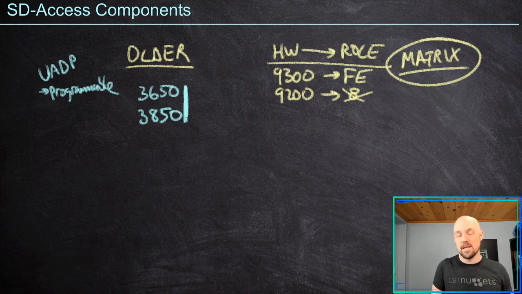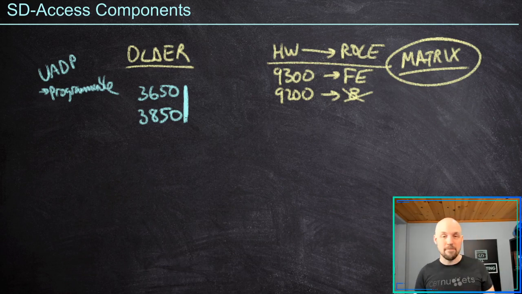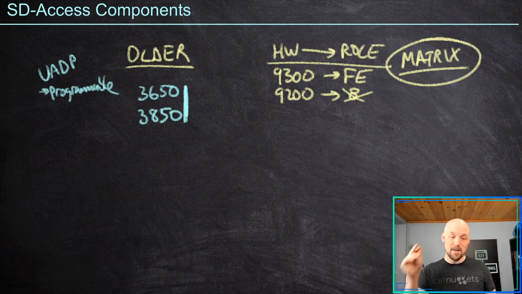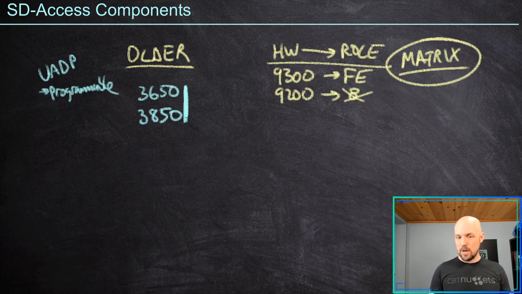And they did. OpenFlow was the biggest thing, I suppose. But it wasn't enough. Cisco released the 3650s and 3850s, and everybody started replacing their 3750s and 3560s with these two platforms.